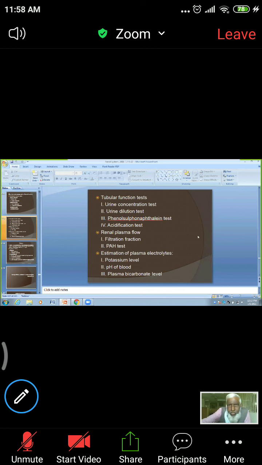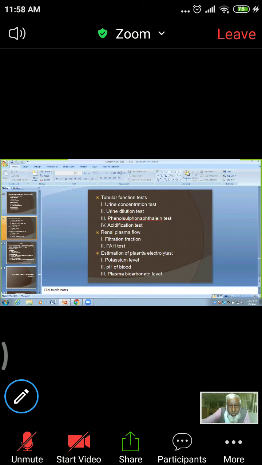Next, tubular function tests: the urine concentration test, urine dilution test, phenolphthalein test, acidification of urine, renal plasma flow by filtration fraction, and para-aminohippuric acid tests.